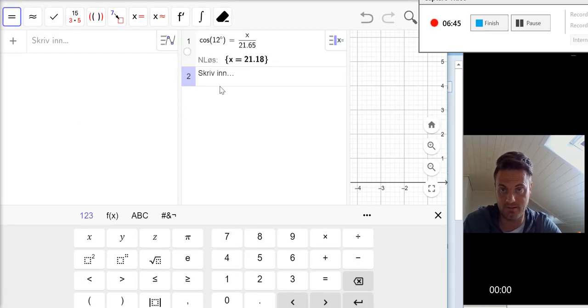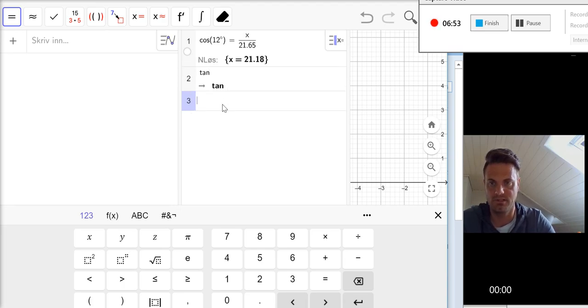Let's do this on the calculator. So we have tangent. No, cosine won't work, of course.